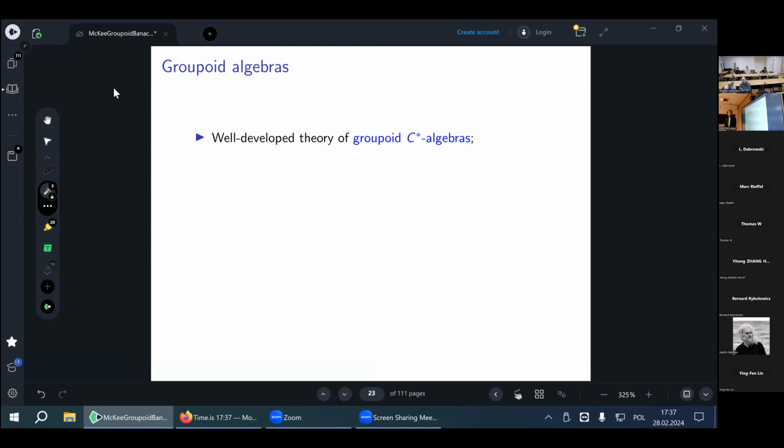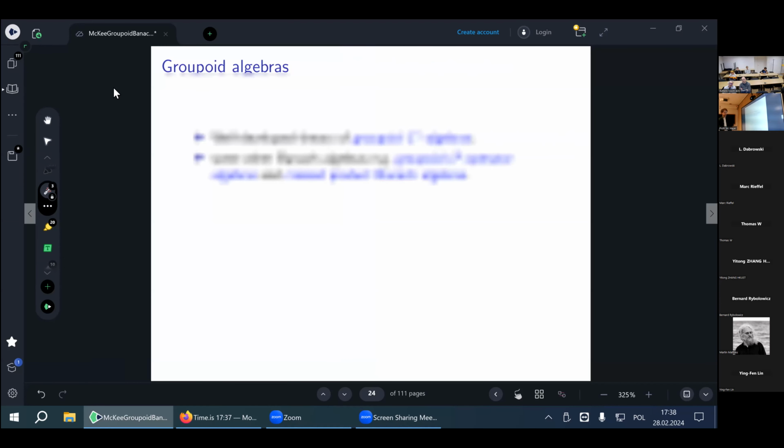There's a well-developed theory of groupoid C-star algebras, a lot of it from Renault's work. People have asked and answered lots of questions about groupoid C-star algebras. And more recently, there are LP operator algebras coming from representing groupoids on LP spaces.